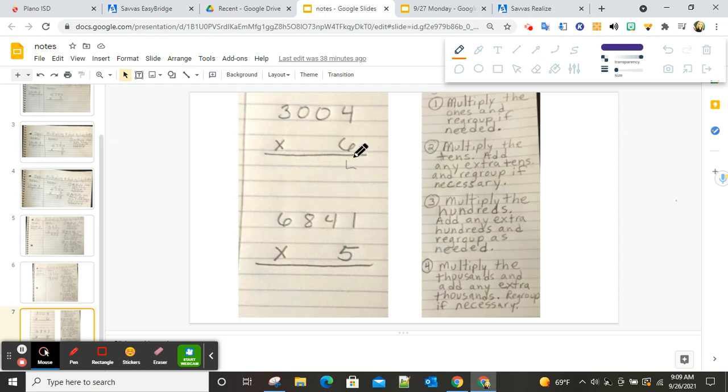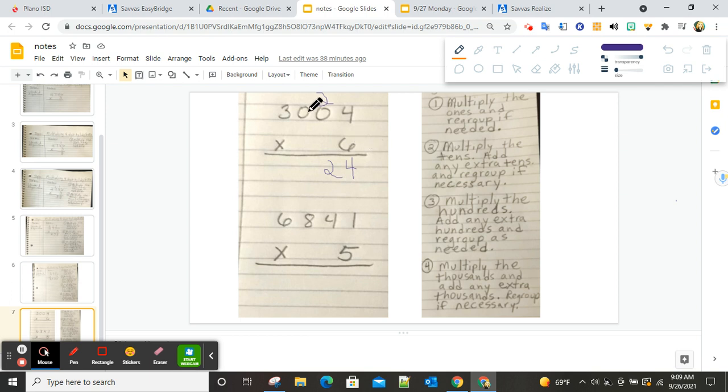I write my ones down, which is 4, and I regroup my tens. Now I can move on to step 2. 6 times 0, because step 2 is multiply the tens. 6 times 0 is 0, and I need to add my regrouped number, which is 2, so that would be 2. And I move on to my third step.